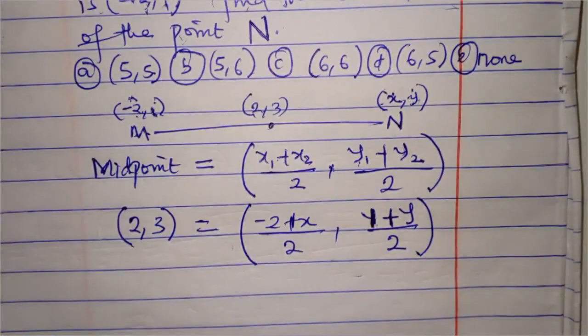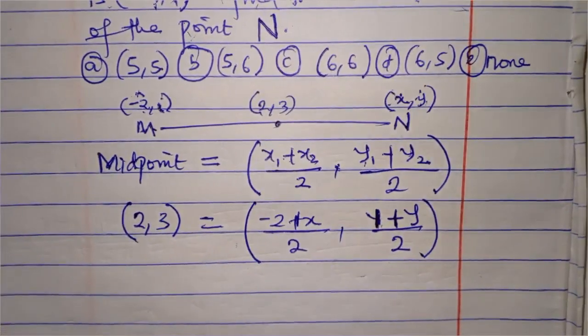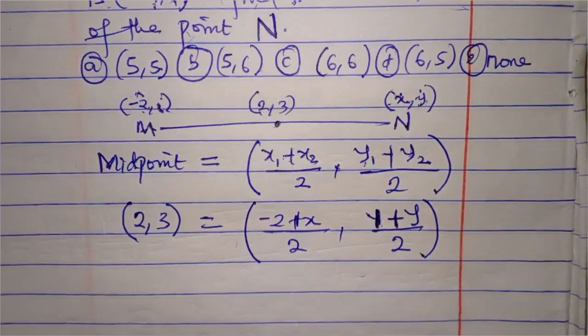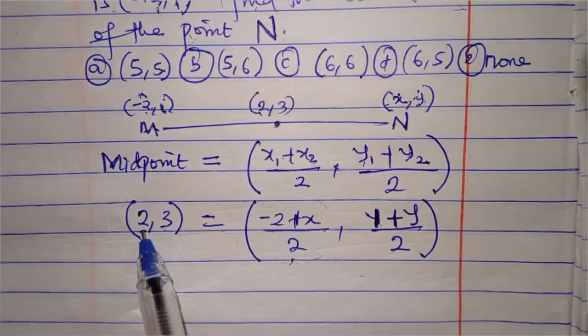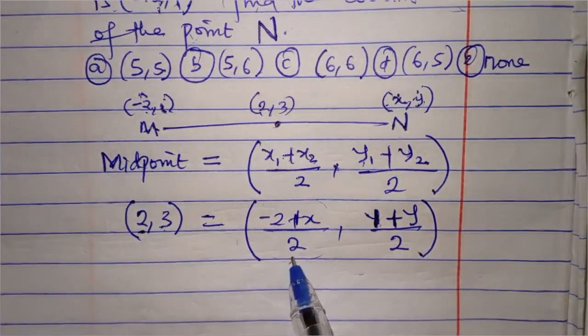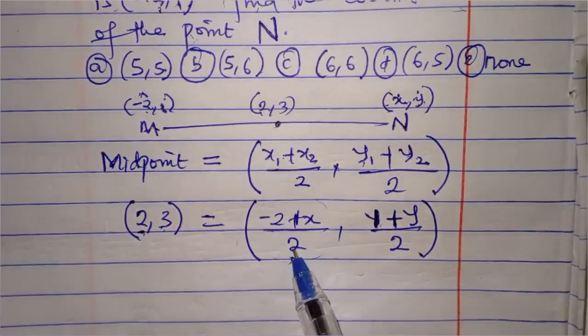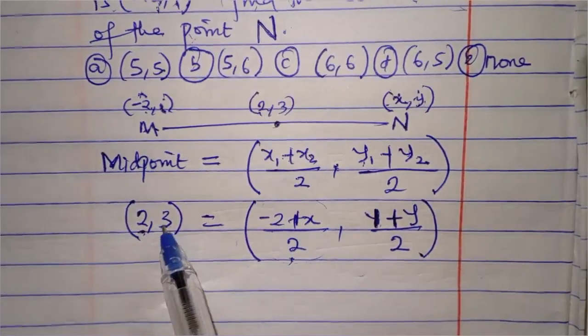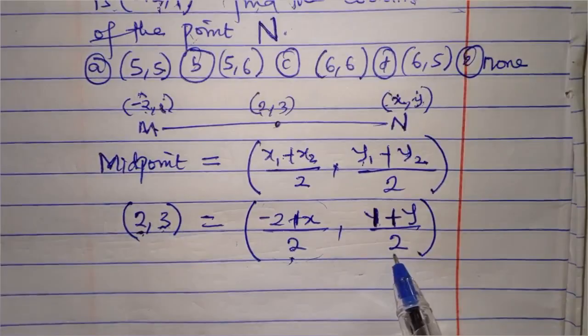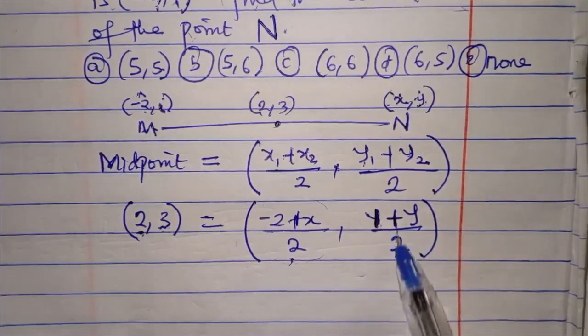So this is an equation. Let's determine the value of x and y. Corresponding points are equal. 2 here is equal to this first point here. That's 2 is equal to minus 2 plus x over 2. 3 is equal to this value of y here, 1 plus y all over 2.